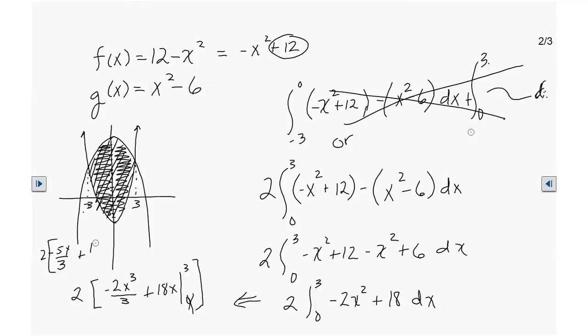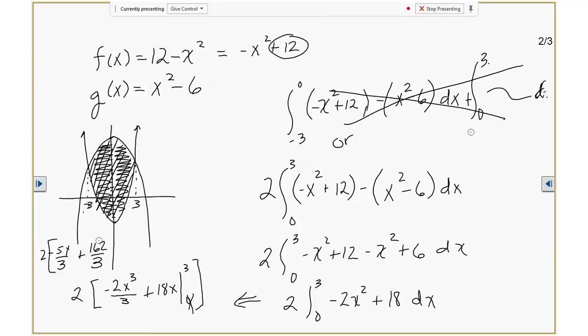Somebody help me out. What's 3 times 54? Thank you. And what is negative 54 plus 162? I don't know. I'm asking y'all. 108.